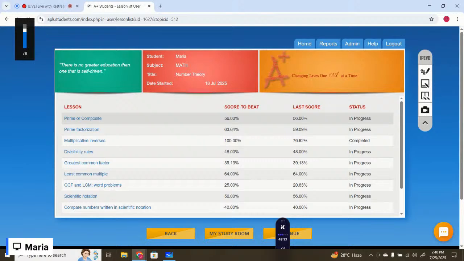So we were working on grade 6 math, grade 7 math. The chapter we were working on is number theory.